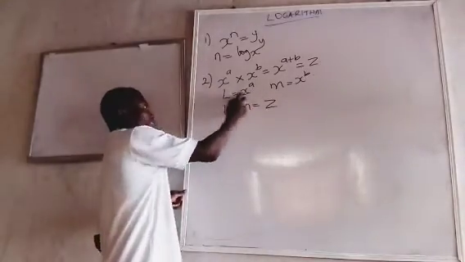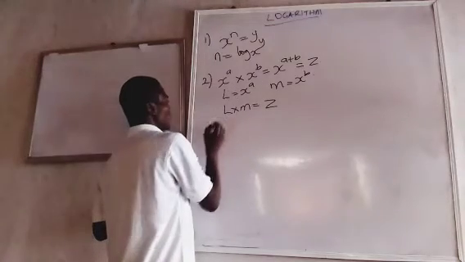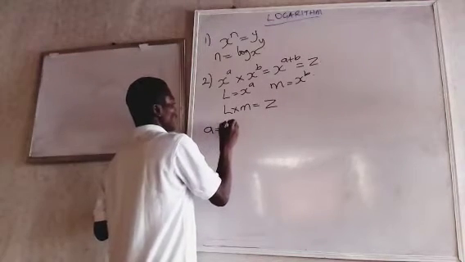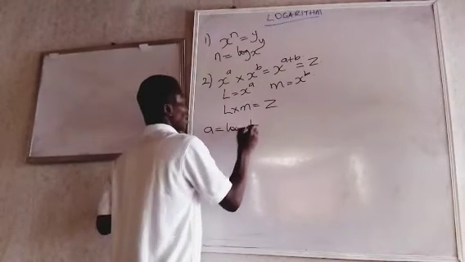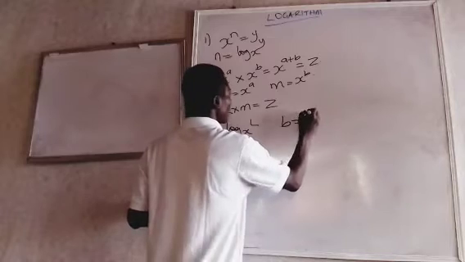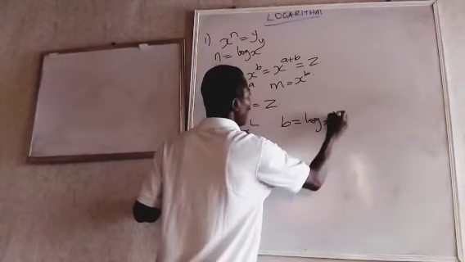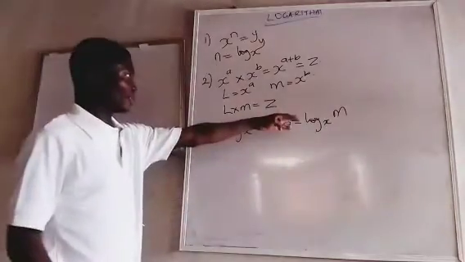Now, let's break this one to logarithm form. So in this place, you can say a equals log of L to the base x, b equals log of n to the base x. You can see this.